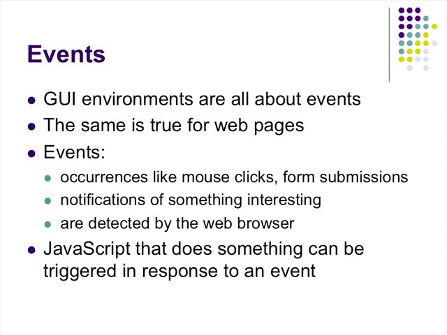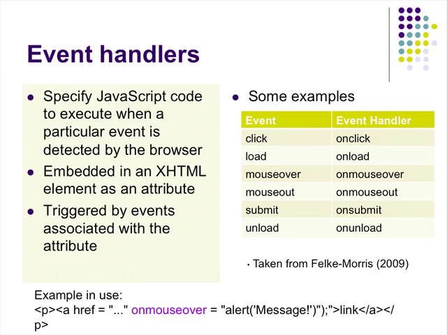So let's look at some event handlers. An event handler specifies the JavaScript code to execute when a particular event is detected by the browser. What we usually do in order to program that is we embed it as an attribute of an element.